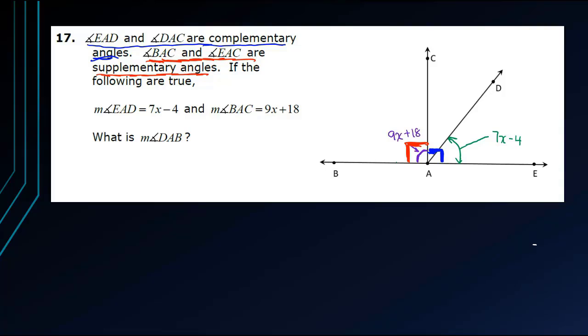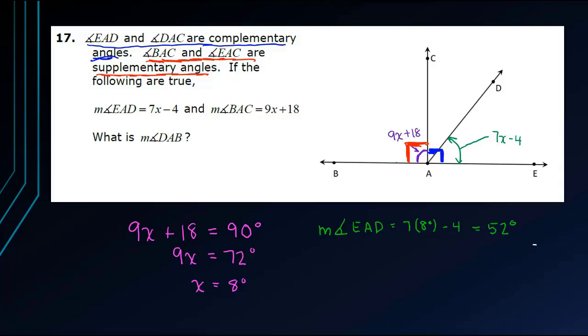This angle here, EAC and BAC, that was given right here. So this angle 9x plus 18 should be equal to 90 degrees, which means 9x should be 72, which means x should be 8 degrees. Which means that as a result of that, 7x minus 4, this measurement right here, should be 52 degrees.